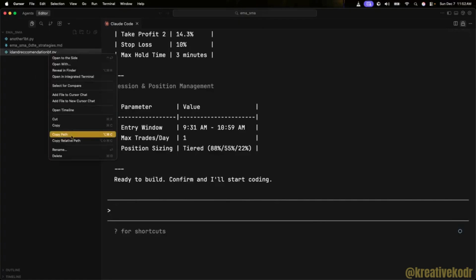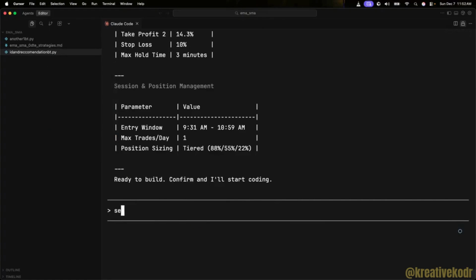So what I want to say is, you see how comprehensive the output metrics are that are used in this backtest.